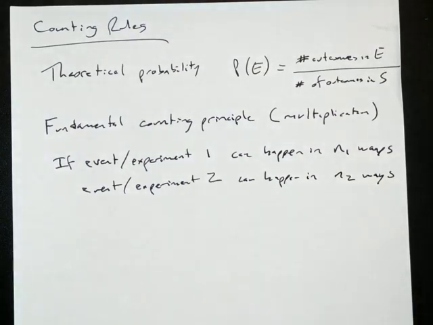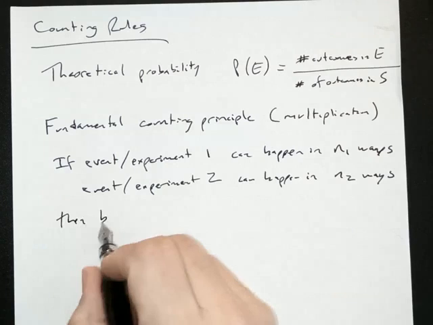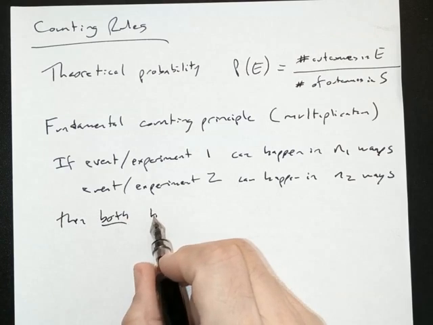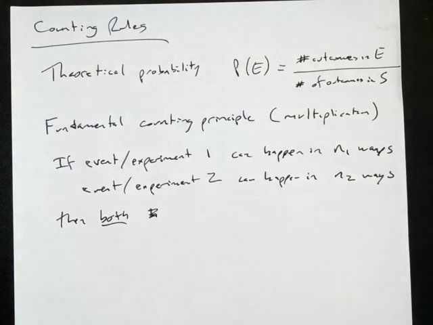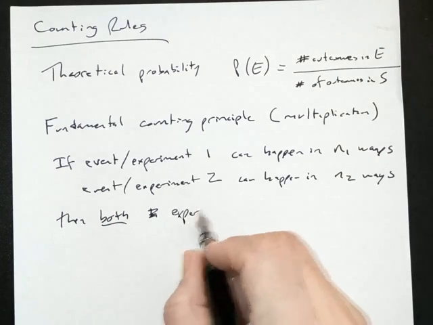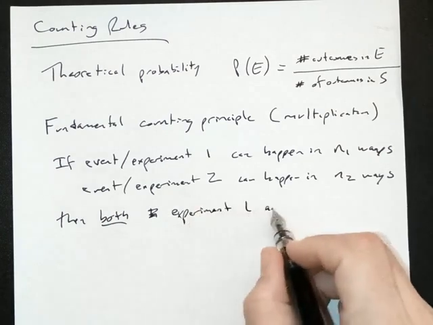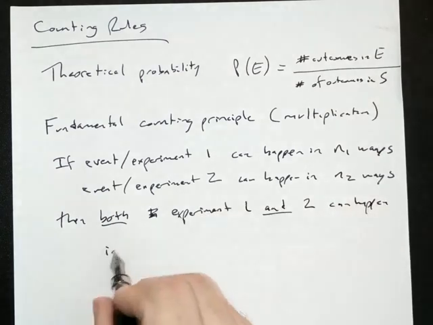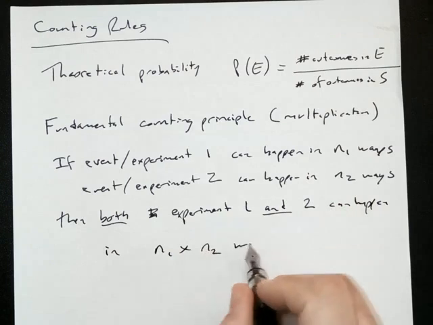Experiment 1 can happen in N1 ways, the number associated with experiment 1. Experiment 2, N2 ways. And I can keep going for as many as you want. But let's just start with 2. Then both happen in n1 times n2 ways.